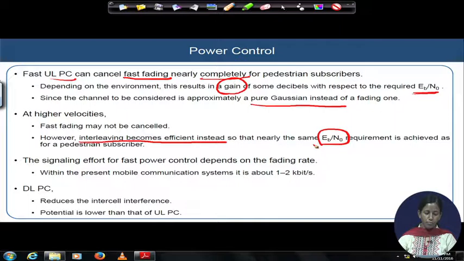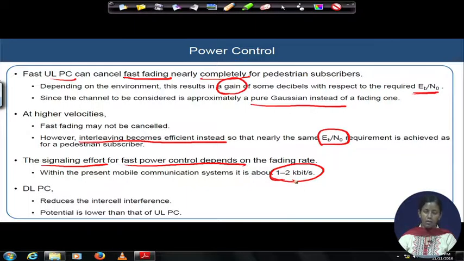And how good actually, I mean, how fast can we do this uplink power control? The signaling effort for this fast power control totally depends on the fading rate. Within the present mobile communication systems, we see that 1 to 2 kilobit per second is used currently.